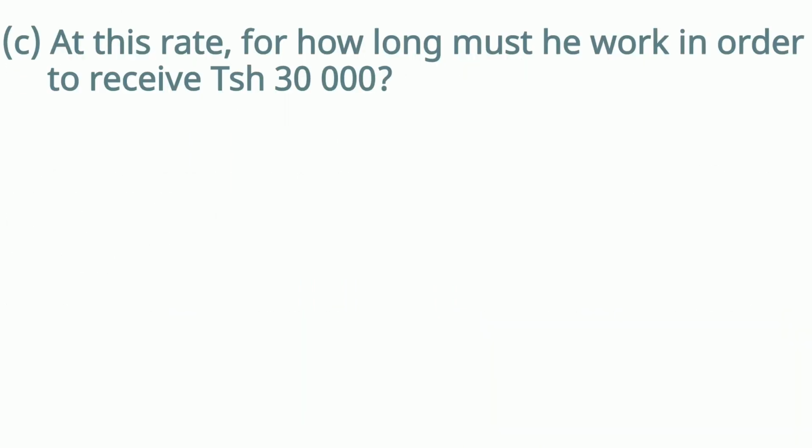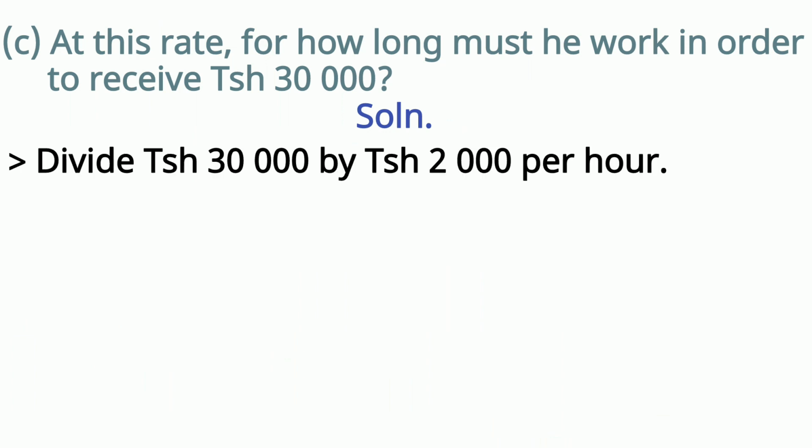Part C. At this rate, for how long must he work in order to receive 30,000 T shillings? In order to know the number of hours worked to receive 30,000 T shillings, we have to divide 30,000 T shillings by the rate, which is 2,000 T shillings per hour.